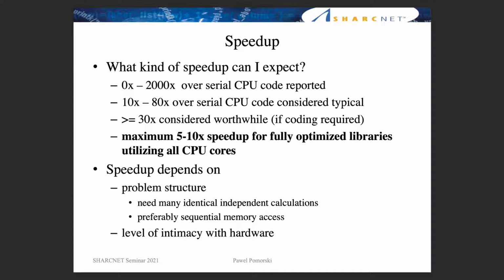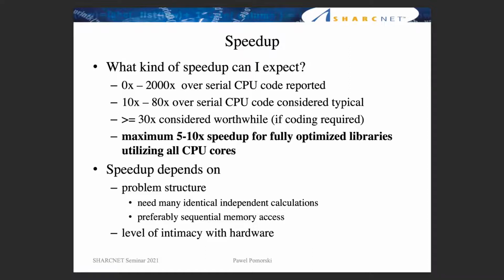But if your code parallelizes relatively well and you do a relatively good job, then you can expect something like a 10-fold to 80-fold speed up over a serial CPU code. So if you have a code which has not been parallelized at all, it just runs on the CPU, and you parallelize it to run on the GPU, it will be between 10 and 80 times faster, and 30 times is considered worthwhile. So this is one possible comparison.